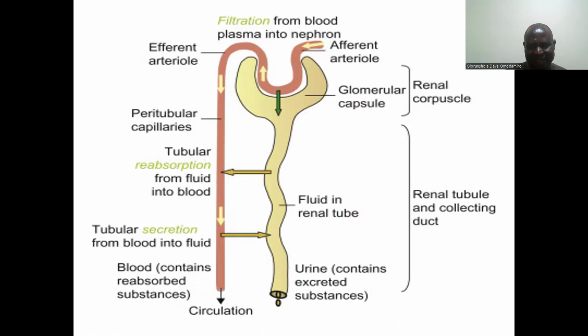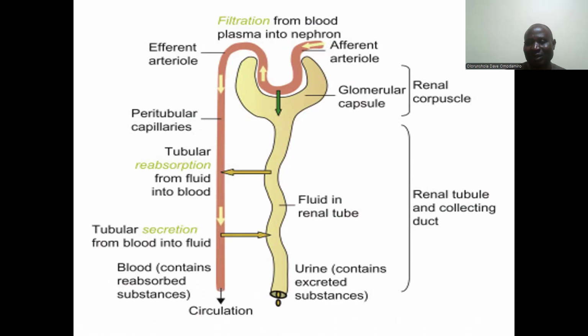Another implication here is this: if we administer two drugs together, let's say aspirin and penicillin, both drugs are weak acids, and that means they are making use of the same organic transporter.